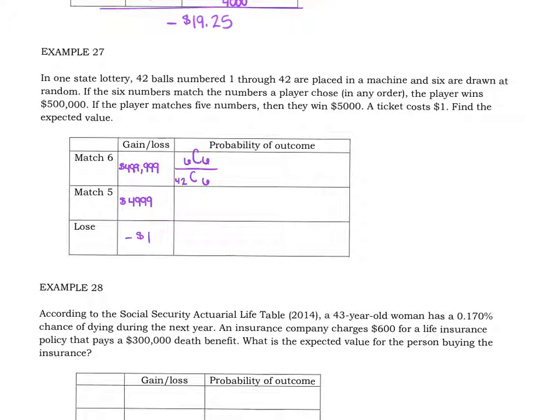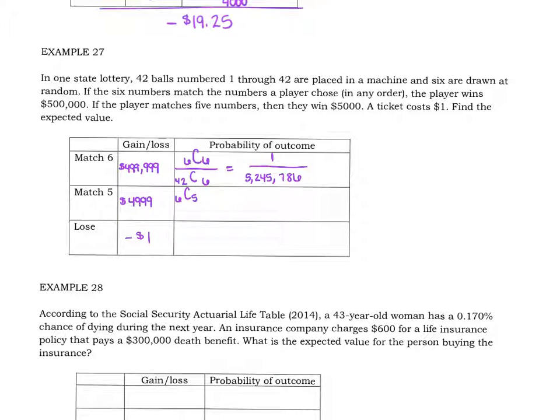And it does say in any order, so order doesn't matter. So the probability of having that winning number is 1 out of 5,245,786.